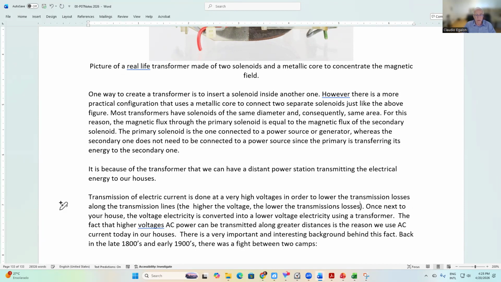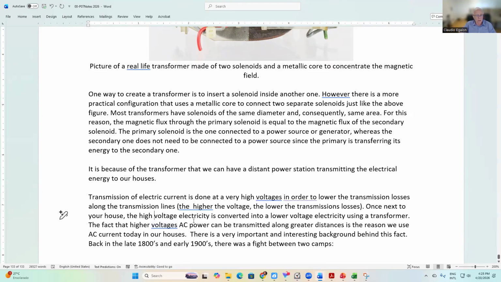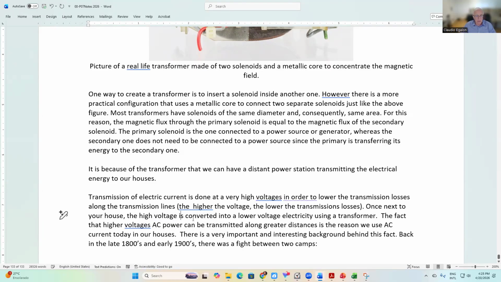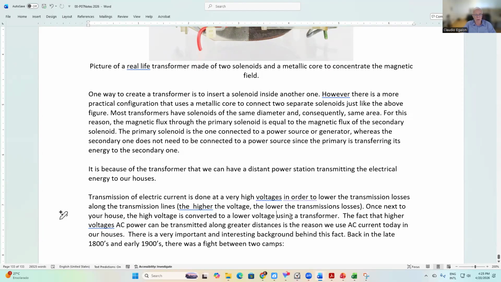Once next to your house, the high voltage is converted to a lower voltage using a transformer. Otherwise, the higher voltage can kill someone at your house, right?